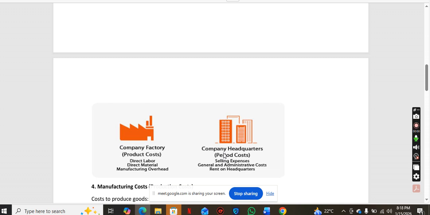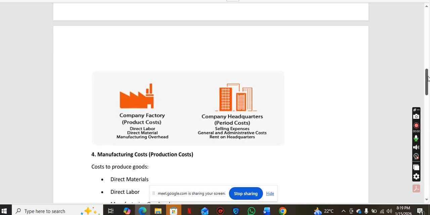As you can see, selling expenses and admin expenses are the period costs. So just remember how to differentiate those two. Production costs are attached to the factory, period costs attached to the offices when production is not taking place.